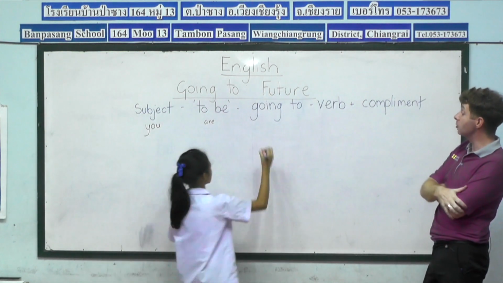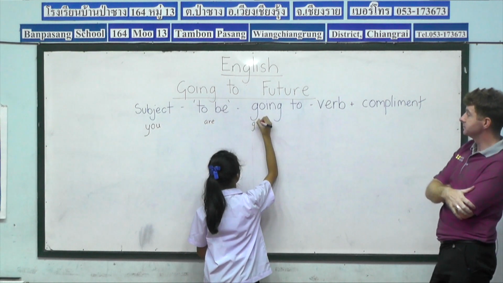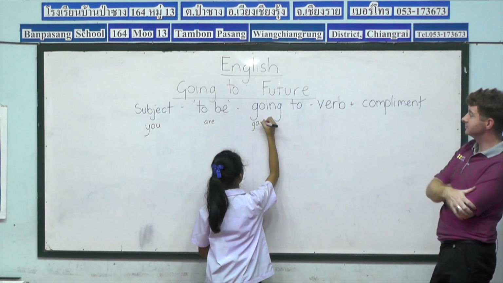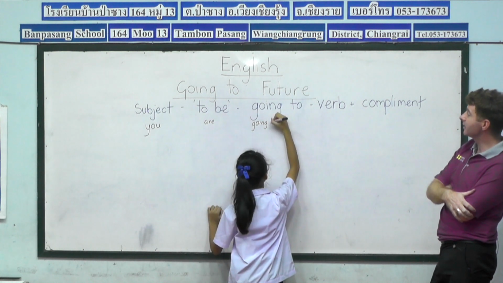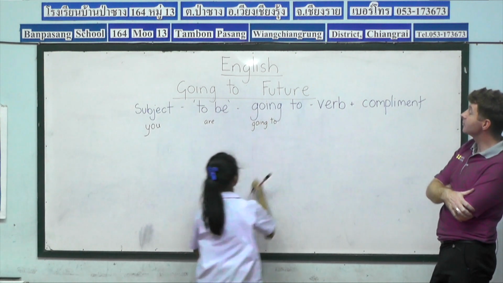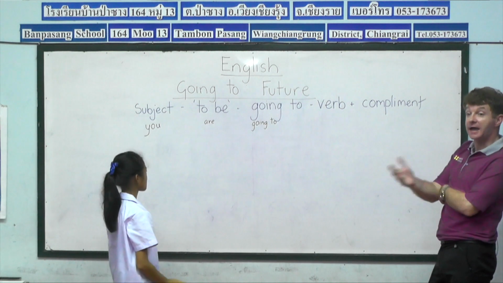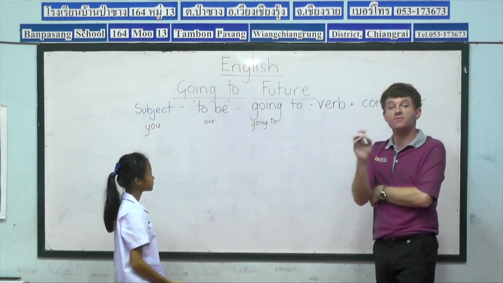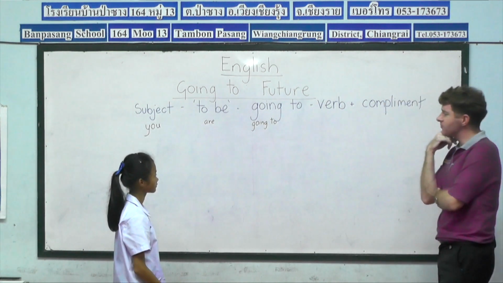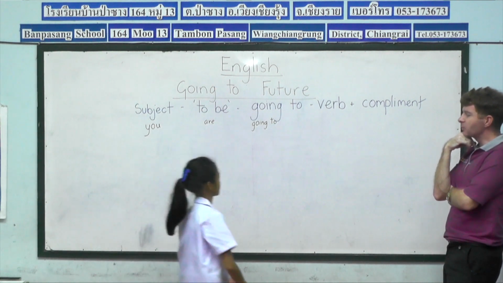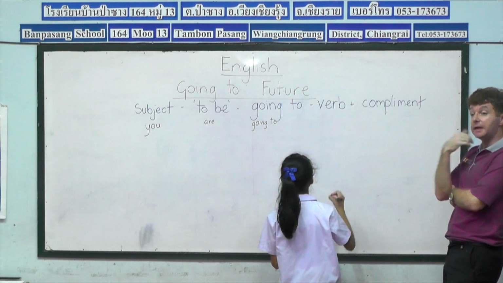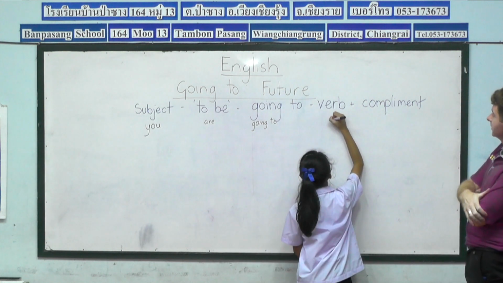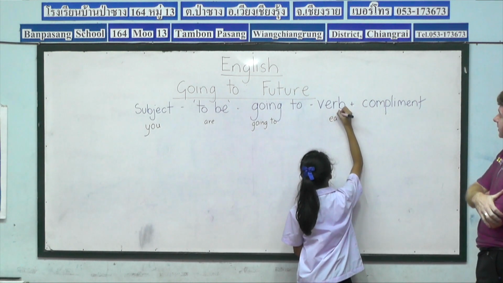So Down, can you write for me? Going to. Excellent. So next we need our action word, our verb. Down, what are we going to do? Well, think about some verb words, guys. You can help Down out by thinking of some. Eat, okay, eat. E-A-T.